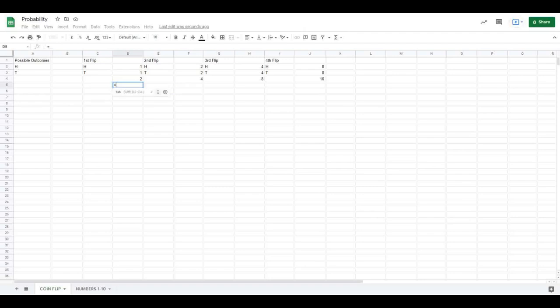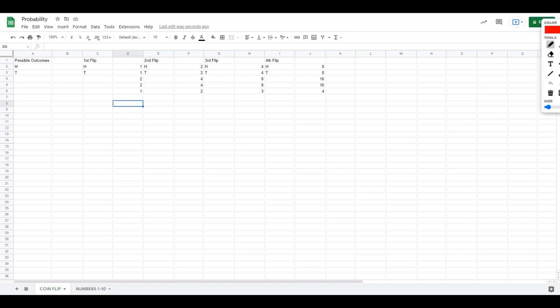For example, I could say this is equal to 2 to the power of 1, and this is 2 to the power of 2, and this is 2 to the power of 3, and then this is equal to 2 to the power of 4. 1, 2, 3, 4: 1 is the first flip, 2 the second flip, 3 the third flip, 4 the fourth flip. And basically, what this means is that I can just write a mini formula for this.